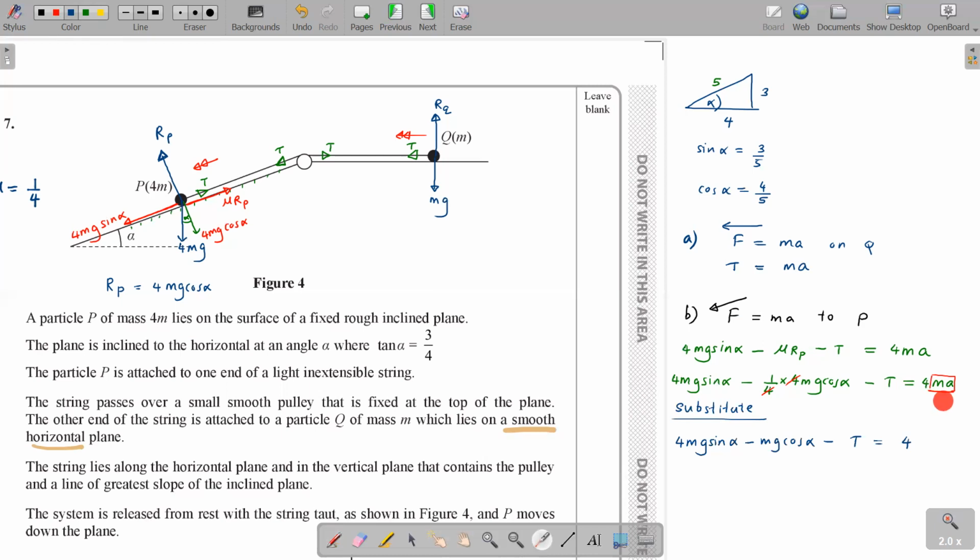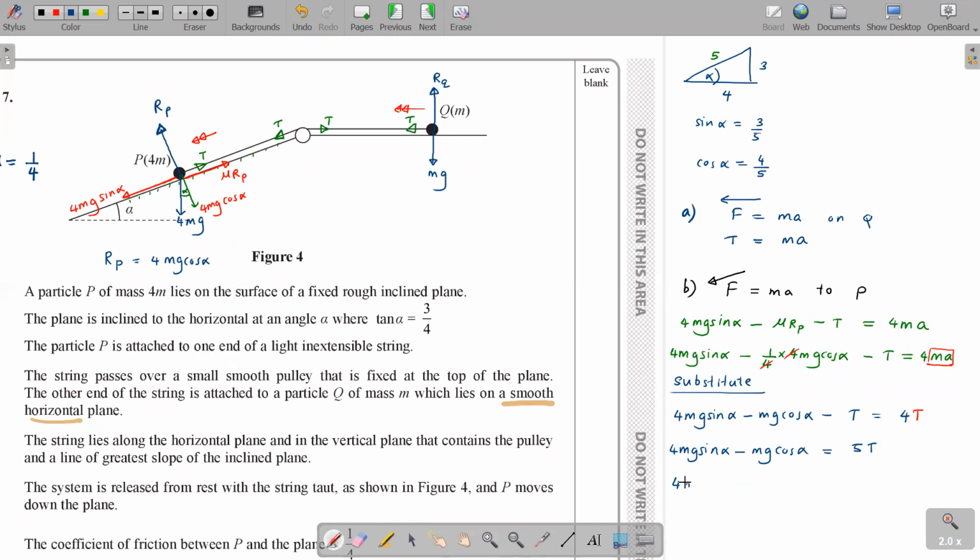This ma I'm going to replace with T. So I get 4mg sin alpha minus mg cos alpha. Shall I take the minus T to the other side? Minus T goes as plus T. 4T plus T is 5T.